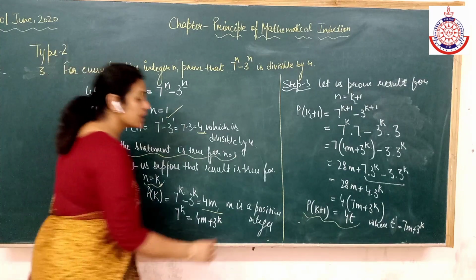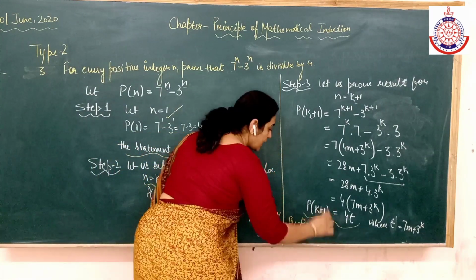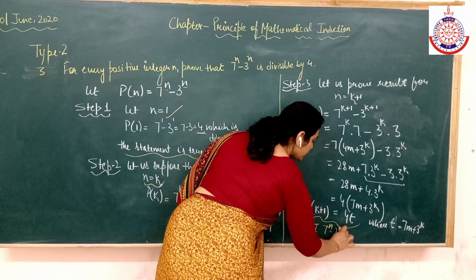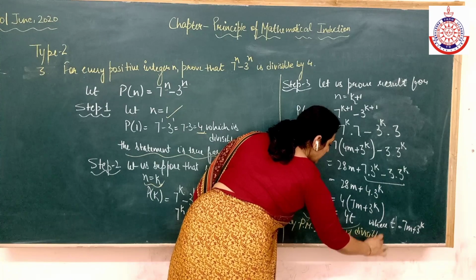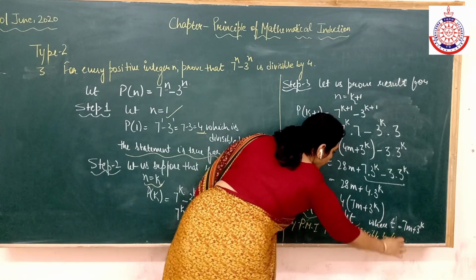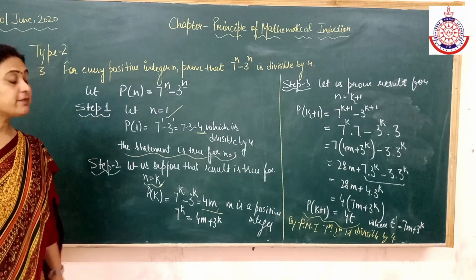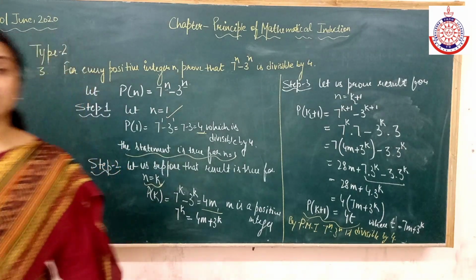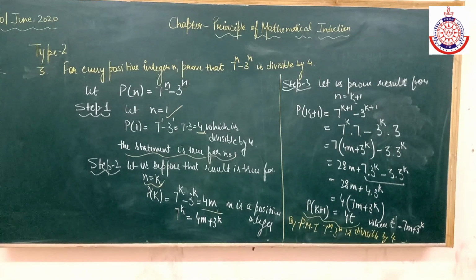So by PMI, 7 raised to power n minus 3 raised to power n is divisible by 4 for all positive integers. I hope it's clear to everyone.